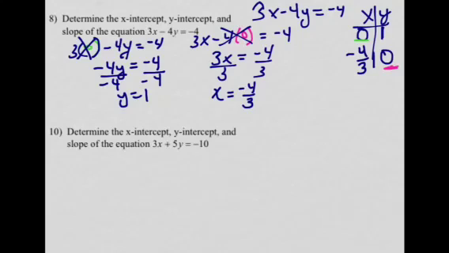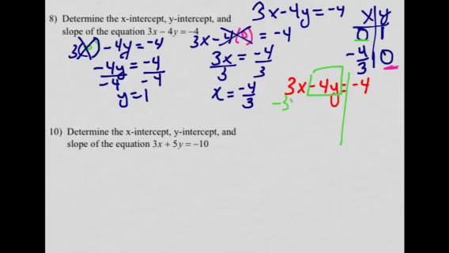So now I have my y-intercept, my x-intercept, I need my slope. So I go back to my original equation, 3x minus 4y equals negative 4. I need it in slope-intercept form. So I have to solve this for y. So I could get my y by itself. I'm going to box it and draw the street.